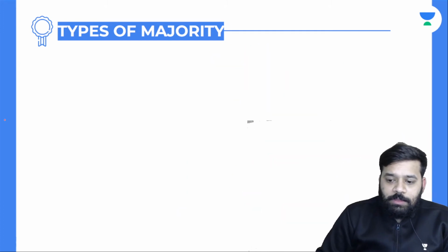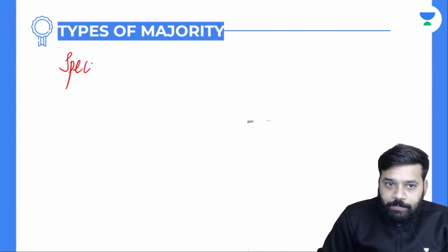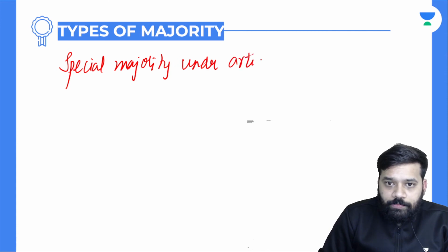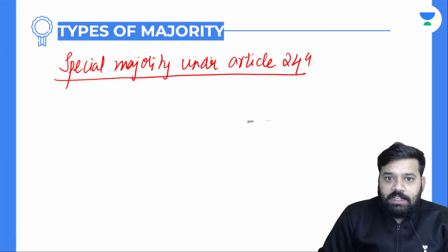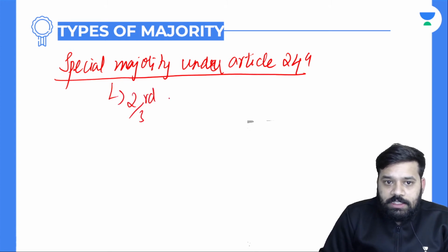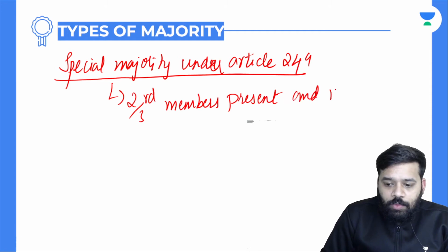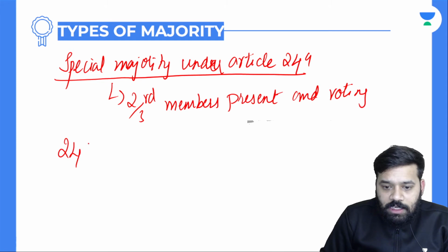So first let me have a look at special majority under Article 249. This says two-third members present and voting. For example, let us say the strength of Rajya Sabha is 245.